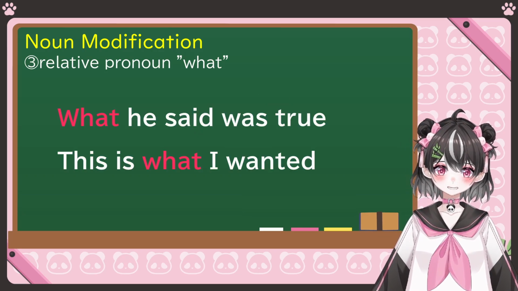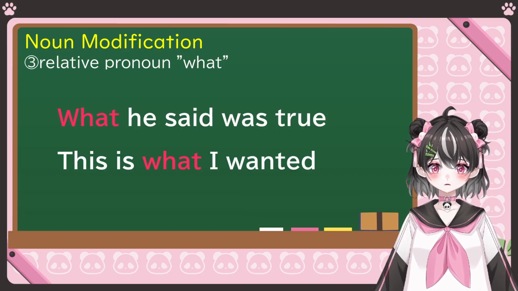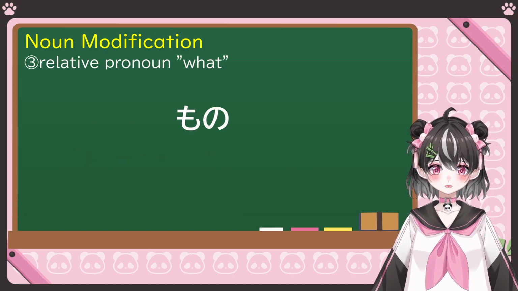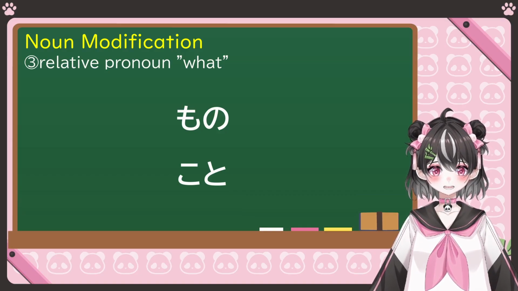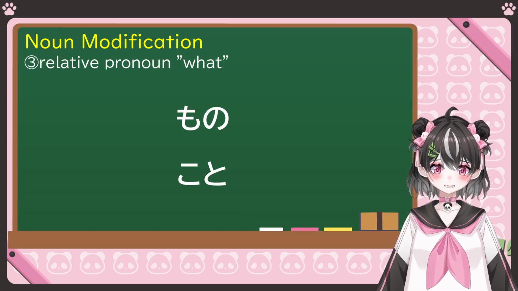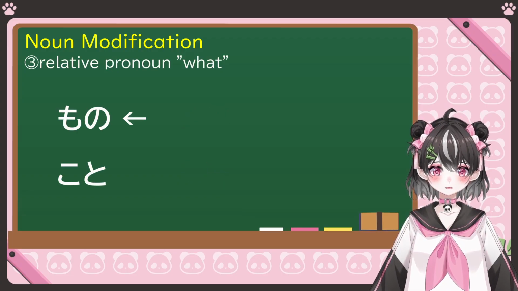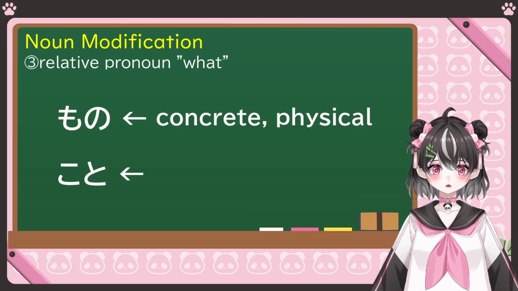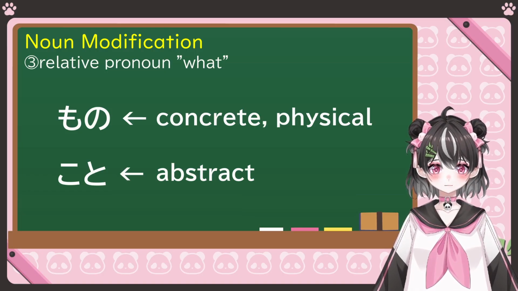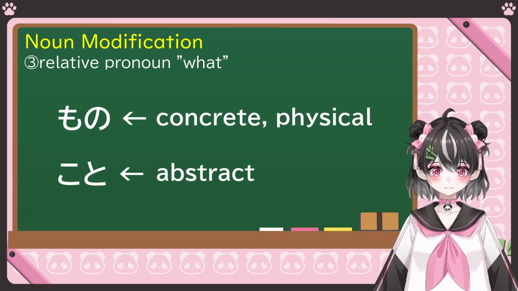This what can be expressed as mono or koto in Japanese. The difference between mono and koto is a bit difficult, but for now, it's enough to remember that mono refers to concrete physical things, and koto refers to abstract ideas.